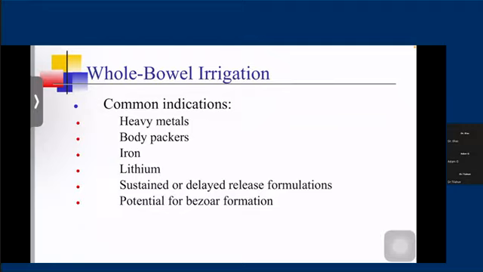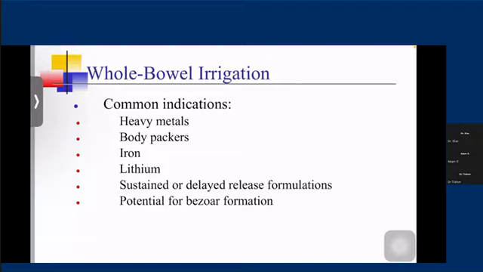If we try to remove the packs by endoscopy or by surgery, the chance of perforating the pack is very high. If we perforate, the chance of the patient dying from this poisonous agent is very high. So usually we just irrigate the bowel, wait for the patient to defecate via the rectum, and that's how we treat those patients.